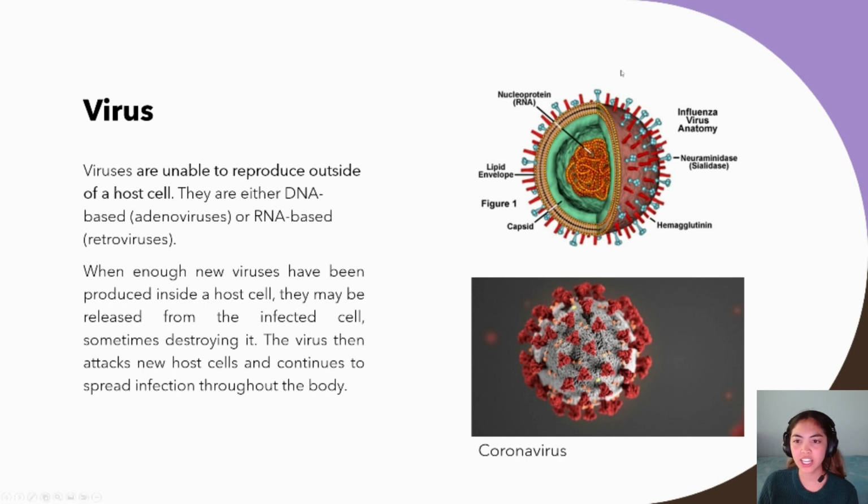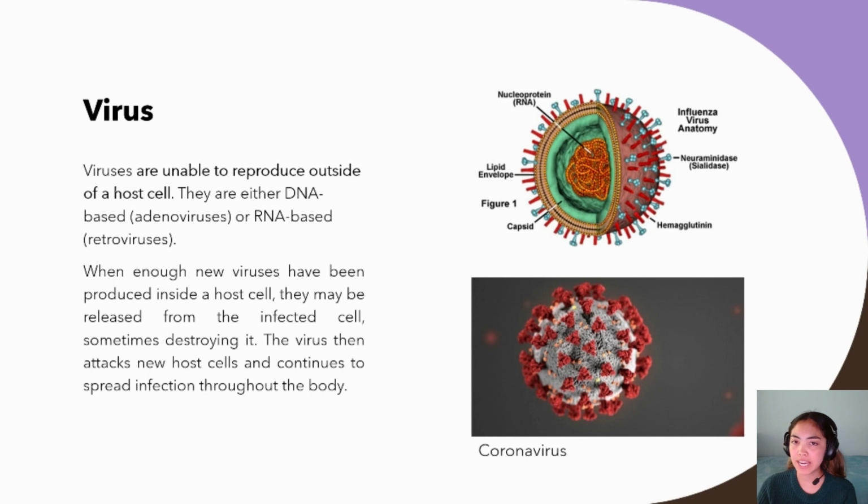They're essentially just a capsule that contains some genetic material. Because it doesn't have all the other organelles that some of our living pathogens have, it requires a host to reproduce for them.